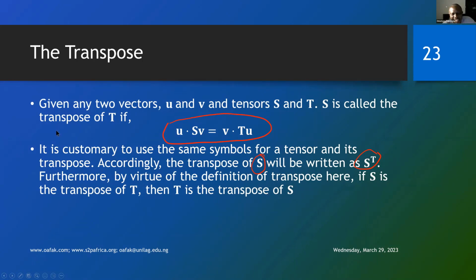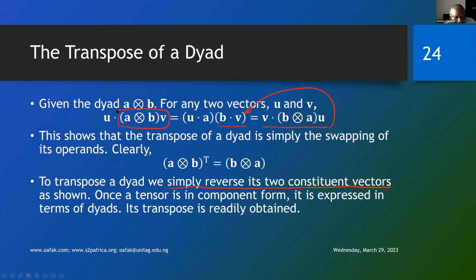This becomes very interesting in a dyad. Given a dyad A circle times B, for any two vectors U and V, U dot (A circle times B)V is written as (U dot A)(B dot V), which is written as V dot (B circle times A)U. This shows that transposing a dyad is simply the swapping of its operands.